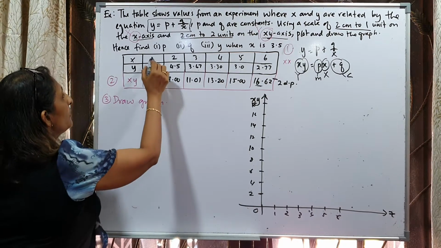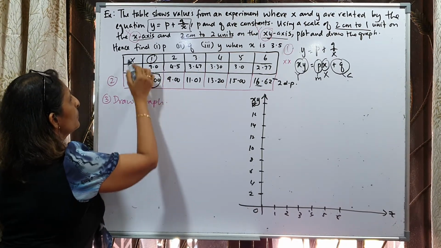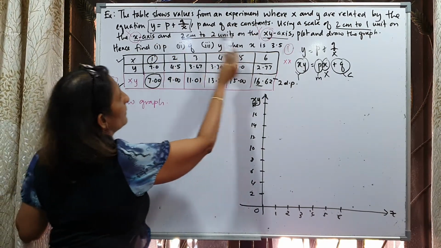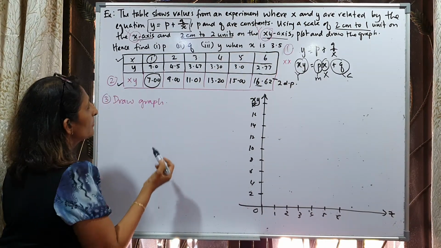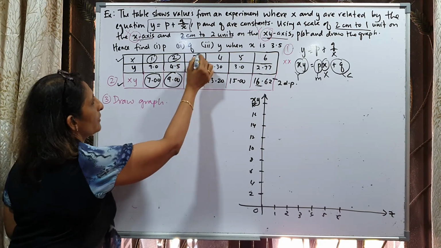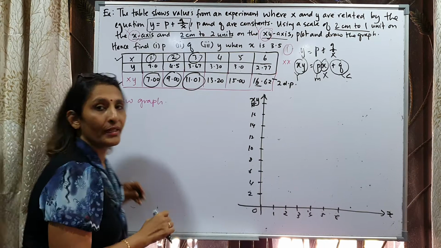So you need to plot x and xy. Your coordinates are 1 and 7, 2 and 9, 3 and 11.01, and so on.